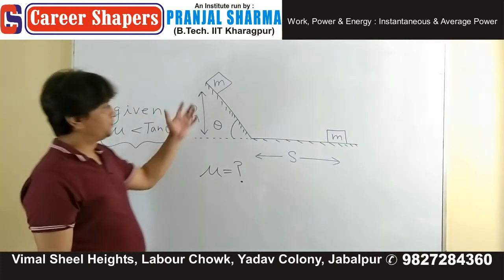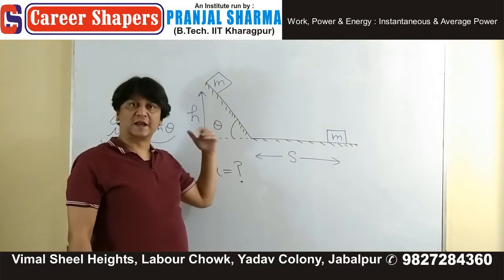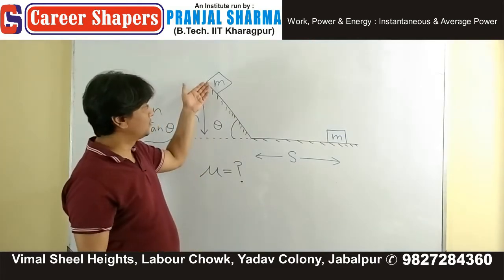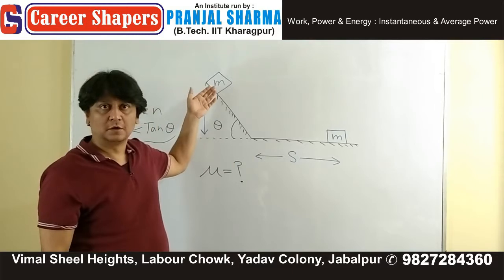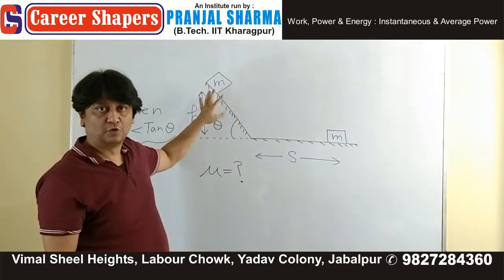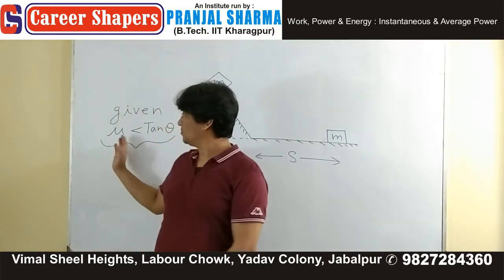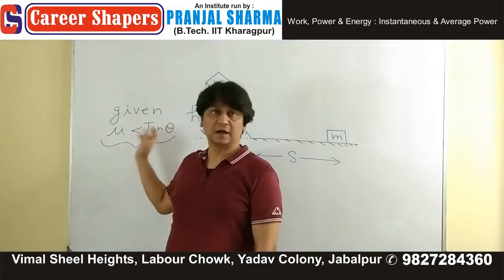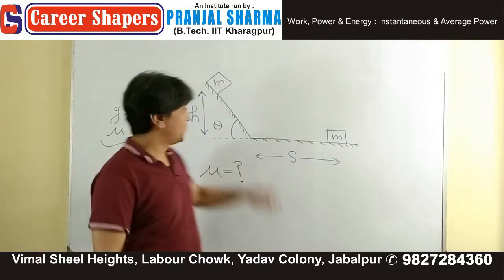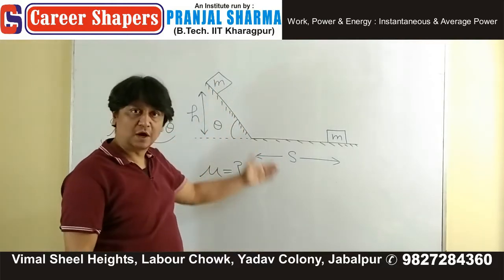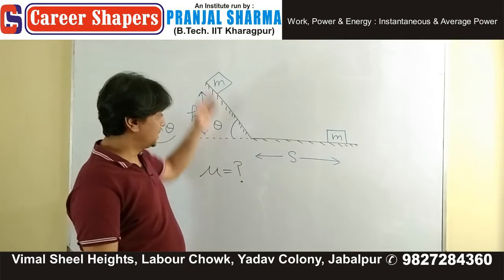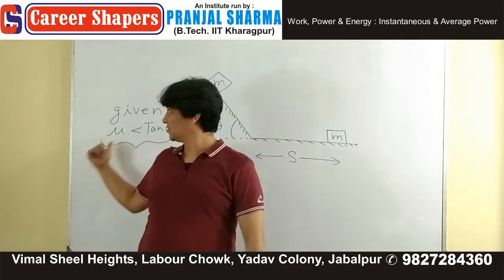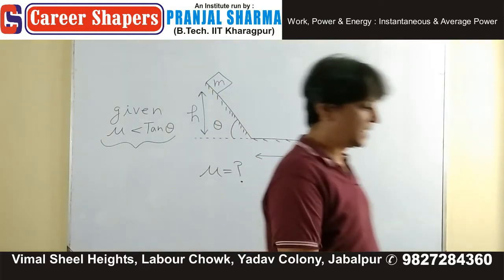So if you make this surface very rough, if mu is very high, then this block will not move at all. Just so that it can move, we are saying that mu is less than the critical value. The moment you release it, it will slide down, and ultimately comes to rest over here. That's why we have given mu less than tan theta.